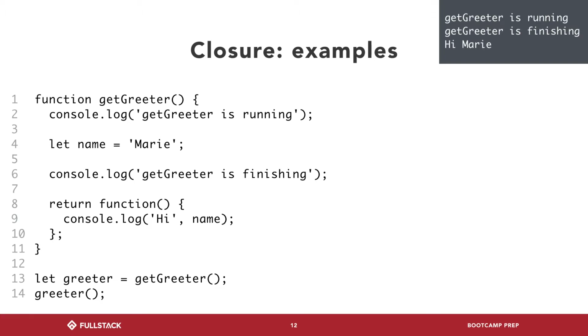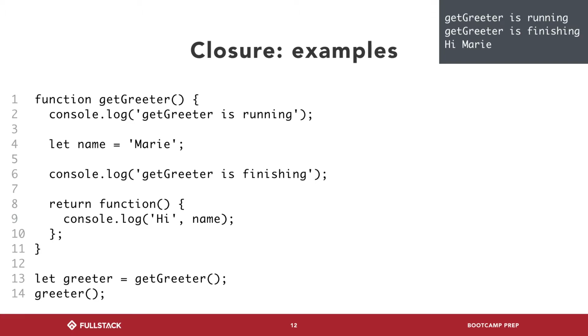And so when we go through this function, on line 13 we say let greeter equal, and then we invoke the getGreeter function. If I step into getGreeter, the first thing I do is on line 2, I console log out getGreeter is running. On line 4, I create a variable called name equals Marie. On line 6, I say getGreeter is finishing. And on line 8, I return a function that console logs out hi name.